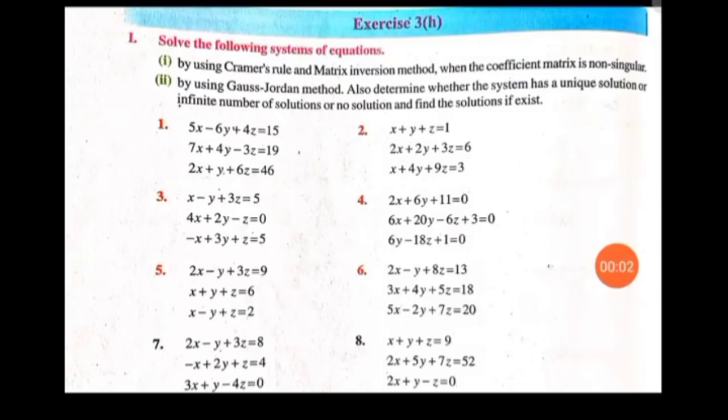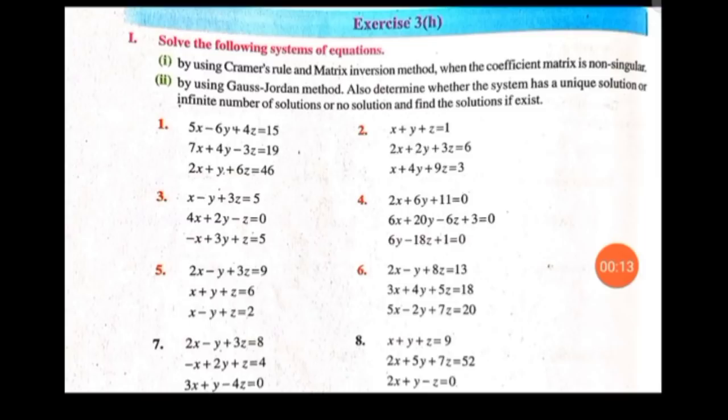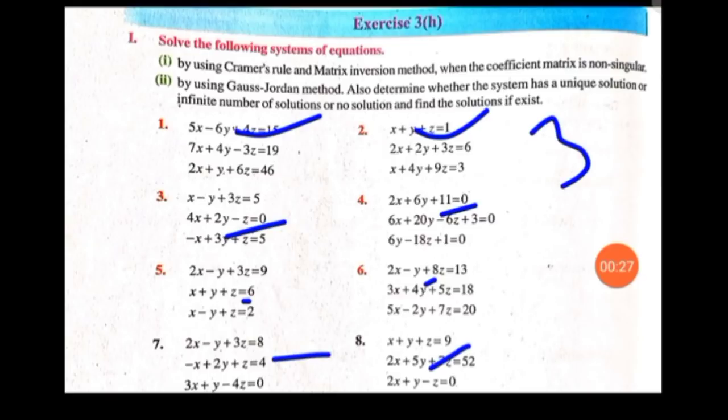Students, these are the problems in exercise 3H, which are related to three concepts: Cramer's rule, matrix inversion method, and Gauss-Jordan method. So try to solve all these 8 problems using the 3 methods.